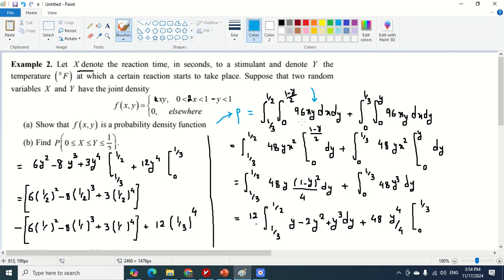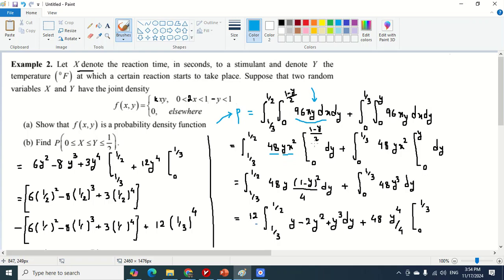And first of all, the integral of 96xy dx will be 96x squared over 2, and if we divide 96 by 2, it will be 48 y x squared. So we should put the boundary 0 and 1 minus y over 2 for that integral. For the next one also, we have 48 y x squared when we put 0 and y instead of the x.